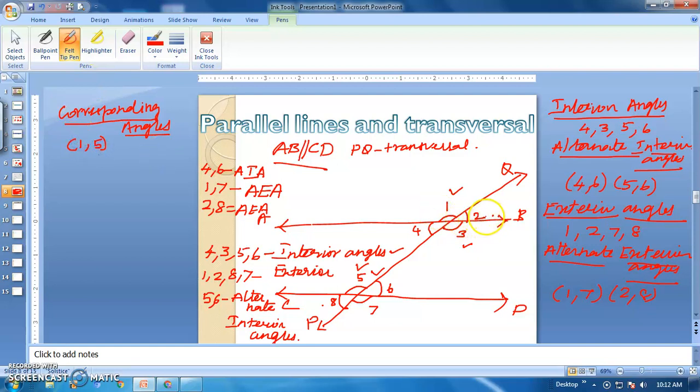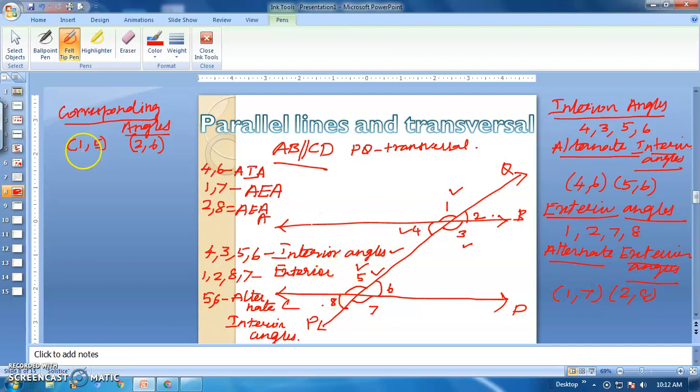And similarly, what about 2 and 6? 2 and 6 also lie above the lines. 2 lies above the line AB and 6 lies above the line CD. And also they are on the same side of the transversal, that is the right side. So we can say 2, 6 are also corresponding angles. In a similar way, what about 4 and 8?